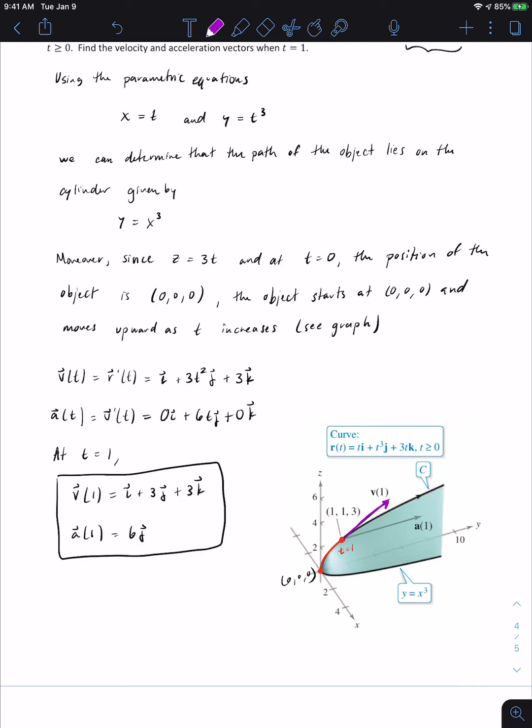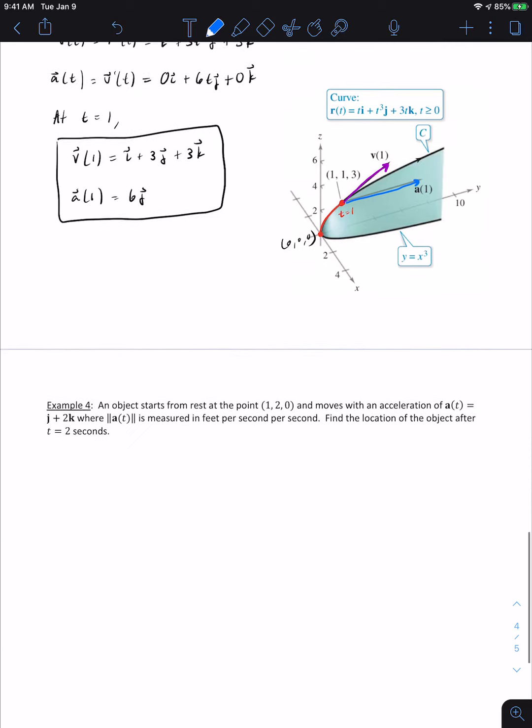This acceleration vector here, a of 1, if you notice, just moves in one direction, 6j. In other words, it's parallel with the y-axis right here. These lines are parallel because it's just 6j. There's no x or z component in the acceleration vector.